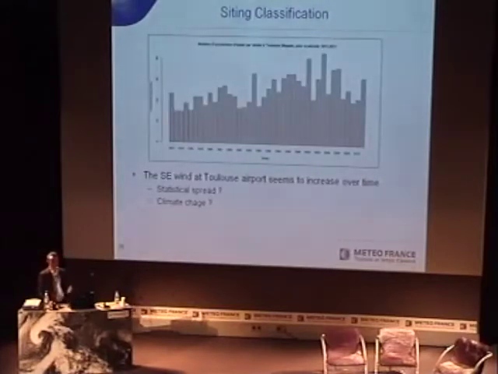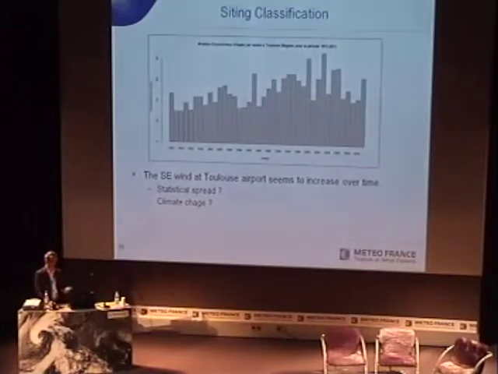So I have an example really close to Alberto's example in Australia. This is at Toulouse Airport, and you have here the number of days with a southeastern wind at Toulouse, which is a strong wind that is not the synoptic wind, which is a west wind, but that is really important because it changes the way planes should land at Toulouse Airport.